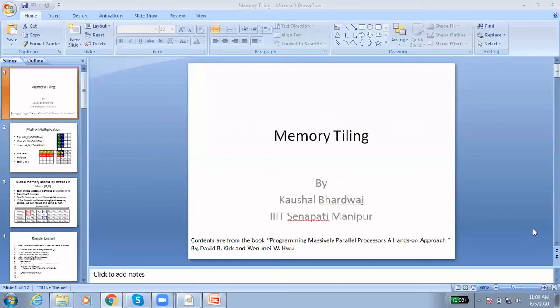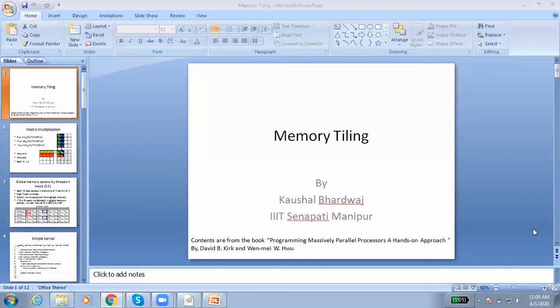So here also, if we have a matrix to access, we can make tiles. I should say we divide the matrix into smaller parts, access this smaller part, keep it in shared memory to be accessed by the different threads, and then again we load the next part of the matrix.